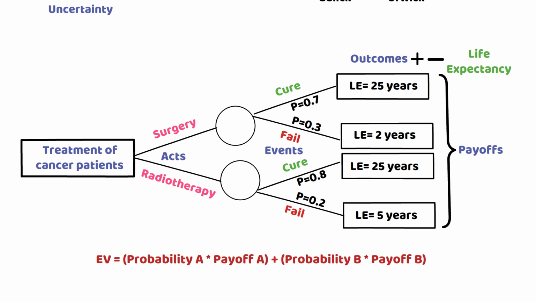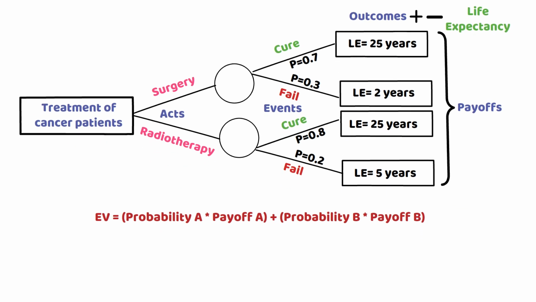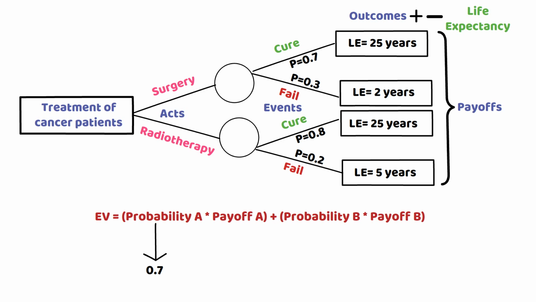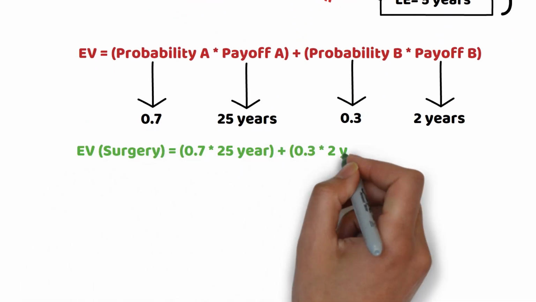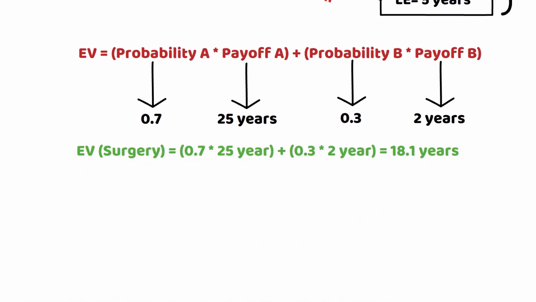For surgery, the probability A is 0.7. The payoff is 25 years. Probability B is 0.3 and payoff B is 2 years. After putting the values in the formula, the expected value for surgery would be 18.1 years.